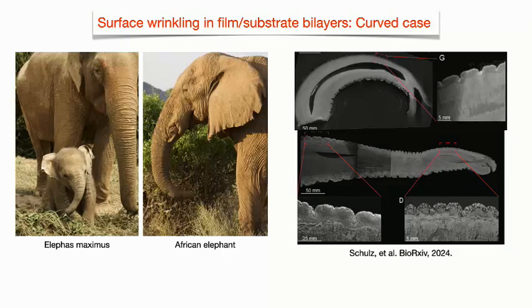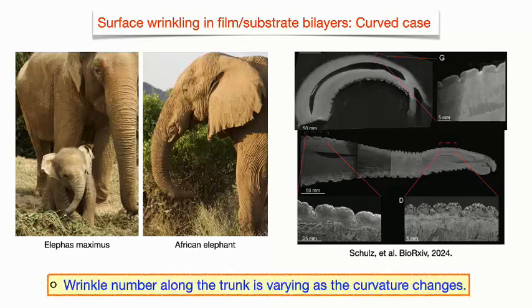For instance, in this part, it has a large radius, but small wrinkle numbers with large wavelengths. And in this part, you have more wrinkles, but the wavelength is small. This indicates that the wrinkle number along the trunk varies as the curvature changes. So what's the essential role of curvature in regulating the pattern formation? It deserves to be investigated.